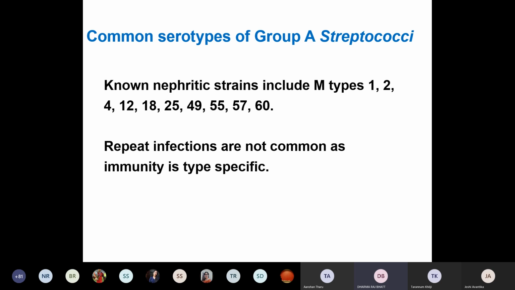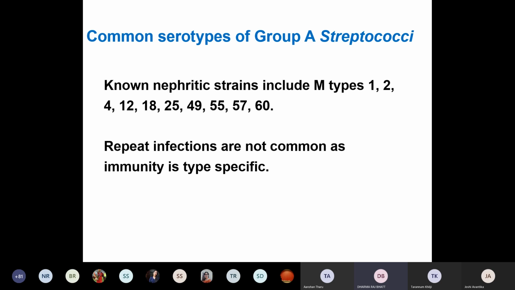Right? So what you need to understand is that not all cases of pharyngitis or streptococcal skin infection necessarily lead to glomerulonephritis or rheumatic fever. Like in the last class, we had uropathogenic strains of E. coli, which are important for causing urinary tract infection. Similarly, we have nephritic strains.